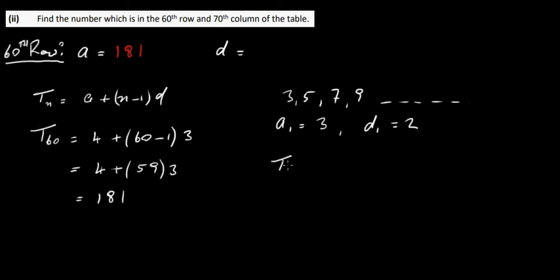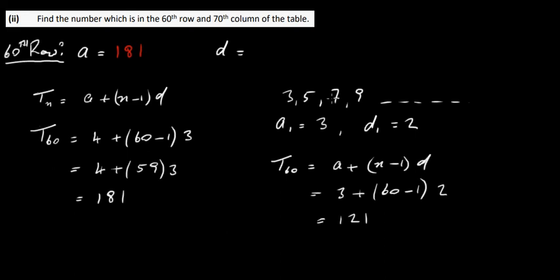So what would T60 be then? What would be the difference in my 60th row then? Well, again, it's going to be A plus n minus 1 times D. So my A here is 3, my n is 60, subtracting 1, and my D is 2 here. When you work that out, you get 121.